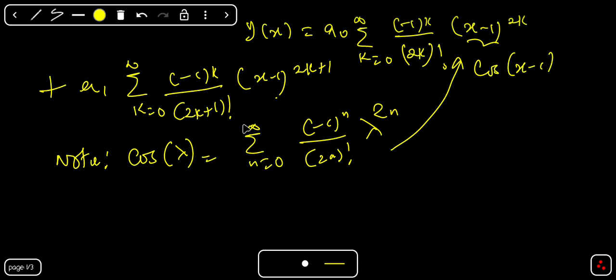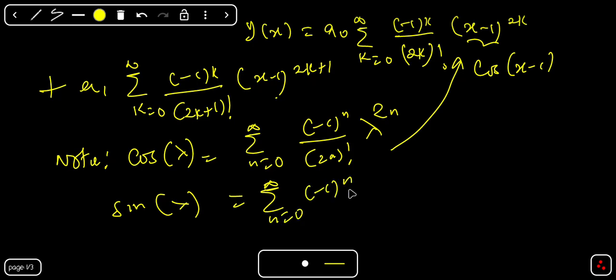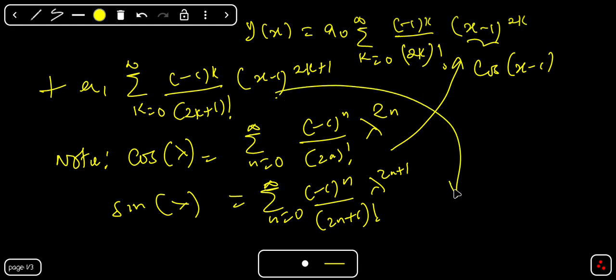And same thing for the odd coefficient here. We know that sine lambda is equal to the sum of n from 0 to infinity of minus 1 raised to the power of n over 2n plus 1 factorial multiplied by lambda raised to the power of 2n plus 1. So definitely the second term here is sine of x minus 1, since your lambda is x minus 1.